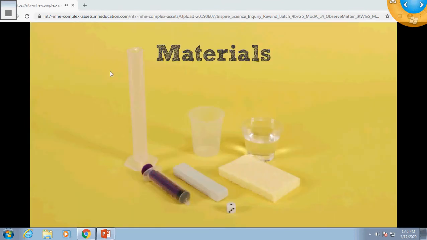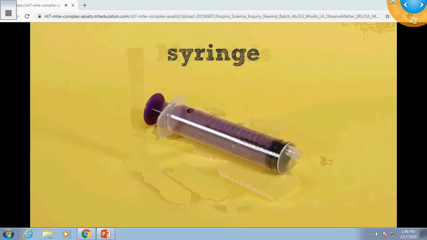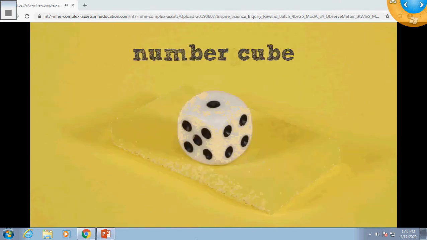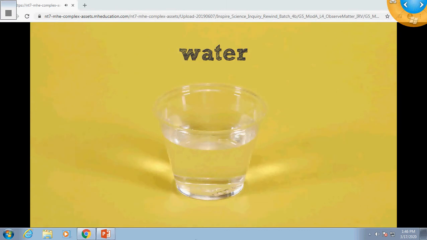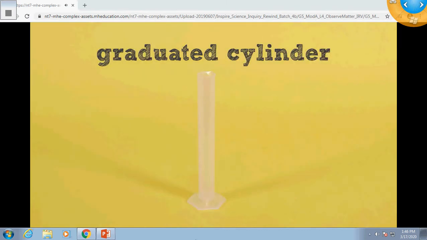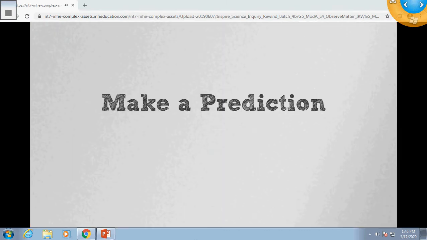To carry out this investigation, you'll use a syringe, a sponge, a number cube, modeling clay, a large beaker, water, and a graduated cylinder. To complete this activity, you'll visit 3 stations and investigate whether you can change the shape of different kinds of matter.